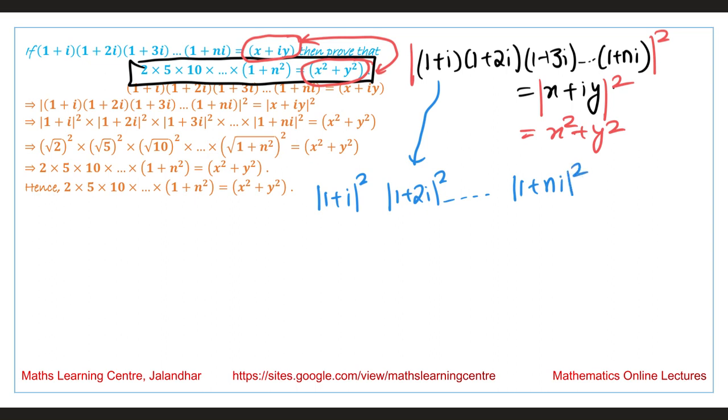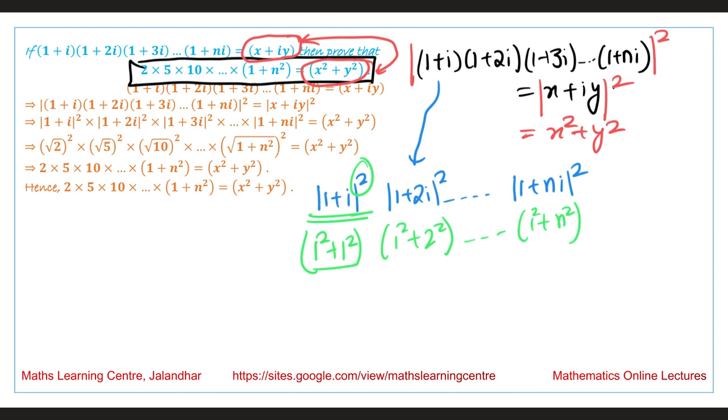Now when we calculate these mods, the value of this mod is 1 square plus 1 square; the square root is not required because it is squared over here. Then the next value is 1 square plus 2 square, so on up to 1 square plus n square.